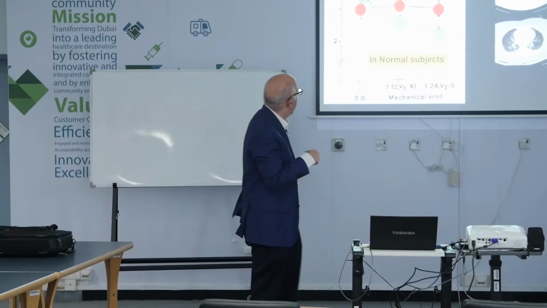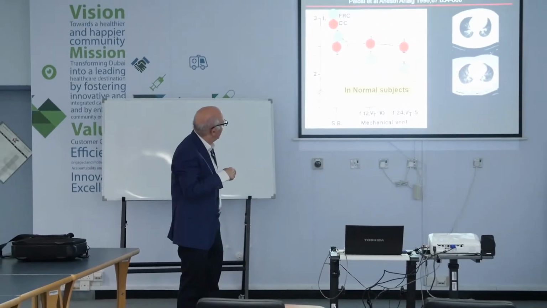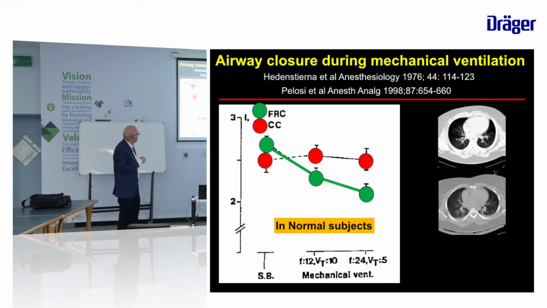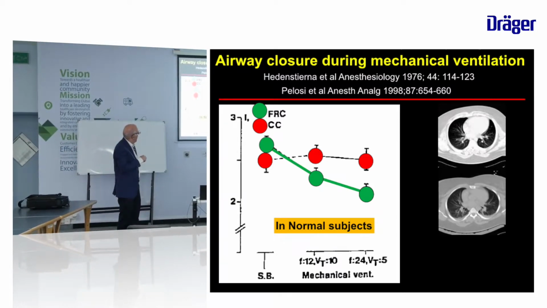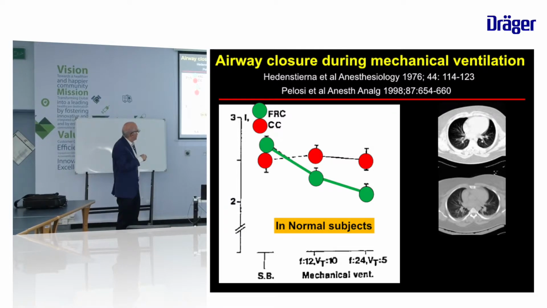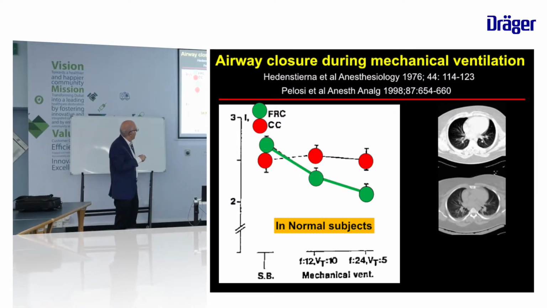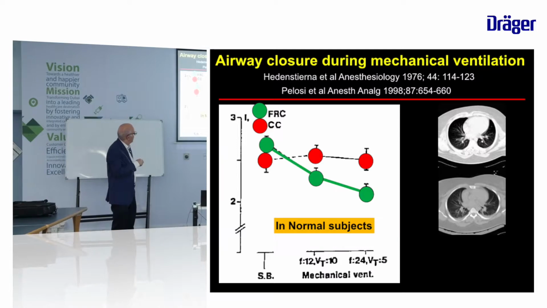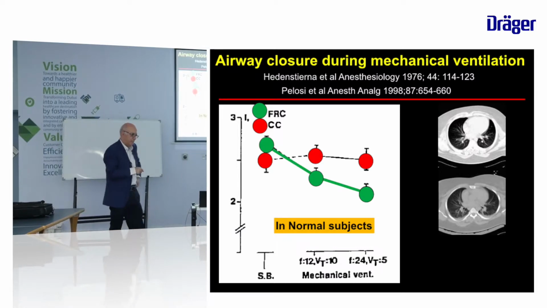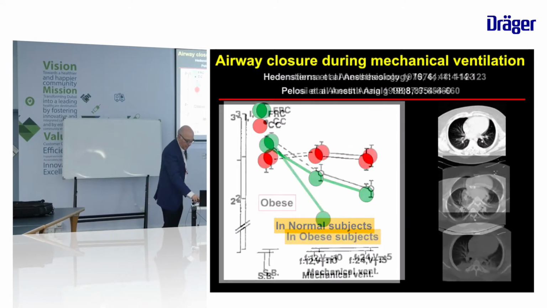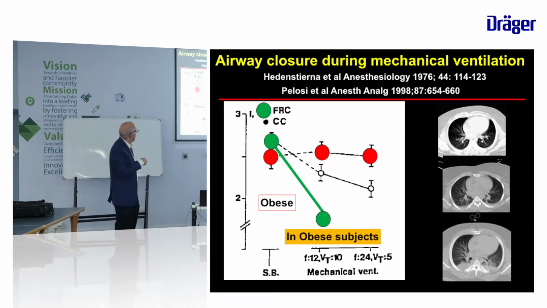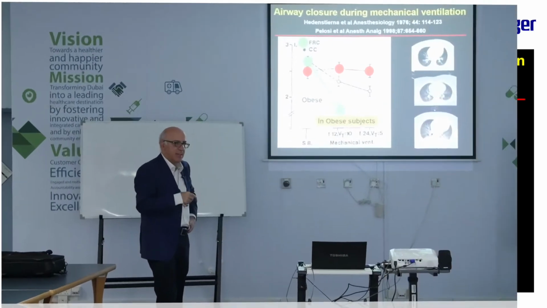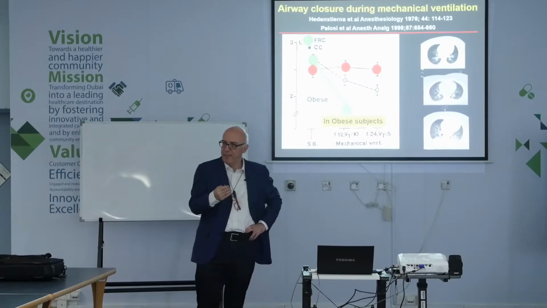And these are the data of the FRC here, in spontaneous breathing or during anesthesia with different types of ventilation. And this is the closing volume. You see that closing volume is higher than the FRC. And in obese patients, there's an even much higher difference between closing volume and FRC.